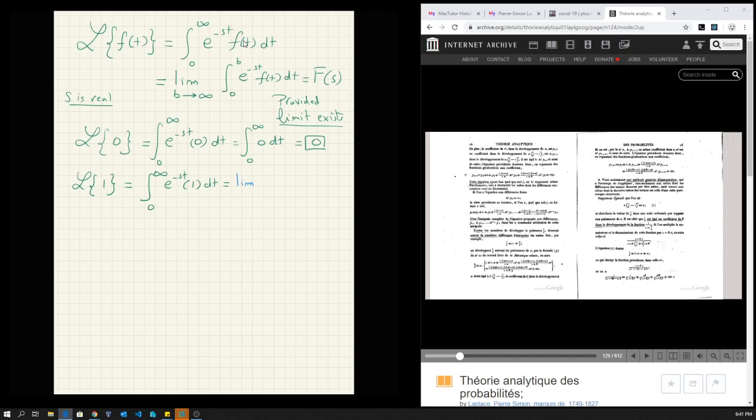Unfortunately, a lot of authors and textbooks, when they present this, to save writing and space, do things in a sloppy way. They just try to find the antiderivative and plug infinity in and 0. You can't plug infinity in, right? The fundamental theorem of calculus only works when you have finite boundaries.